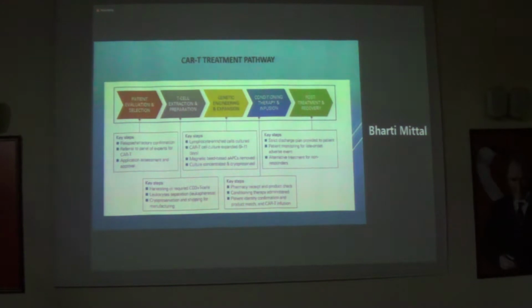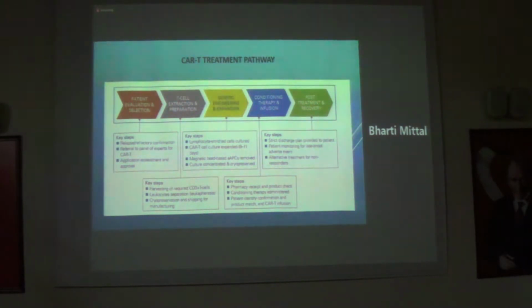The manufacturing facility is always some distance from the clinic, so we have to optimize the cryopreservation process and how we ship these cryopreserved T-cells to the manufacturing process. In the lab, we modify them by genetic engineering and expansion.